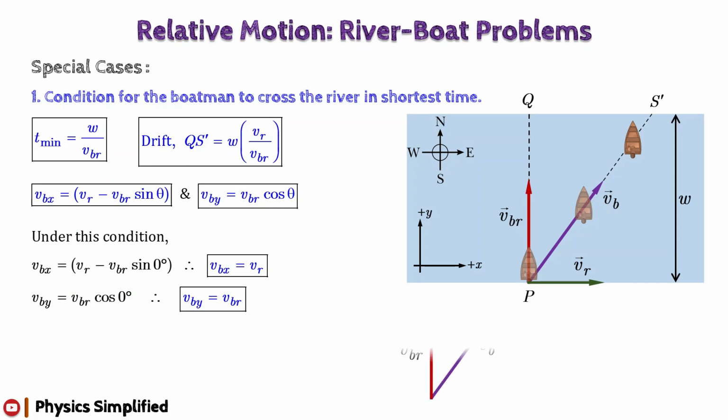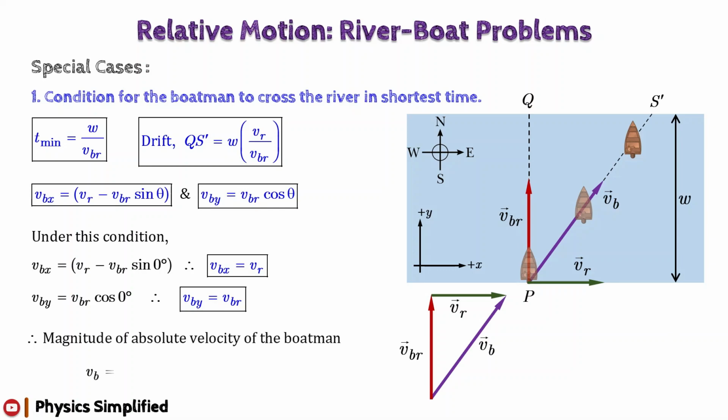Now, from the velocity vector triangle, the magnitude of the absolute velocity of the boatman is given by v suffix b is equal to under square root v suffix bx squared plus v suffix by squared. Substituting the expressions of v suffix bx and v suffix by, we obtain the final expression of the absolute velocity of the boatman. It is given by v suffix b is equal to v suffix r squared plus v suffix br squared.